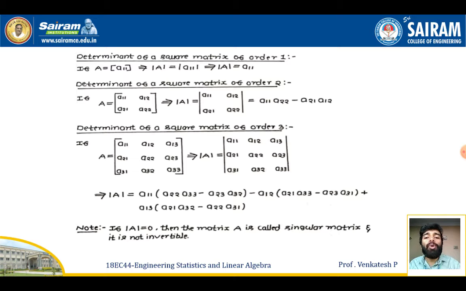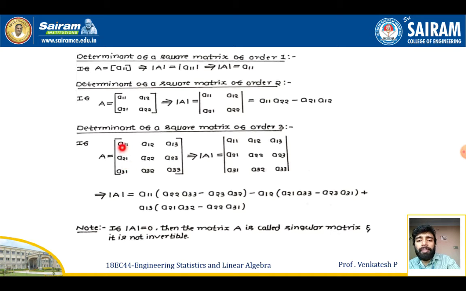Next, we'll see how to find the determinant of a 3 cross 3 matrix. I'm taking a matrix of order 3 with the entries A11, A12, A13, A21, A22, A23, A31, A32, A33. The determinant will be equal to A11 times (A22 into A33 minus A23 into A32), minus A12 times (A21 into A33 minus A23 into A31).